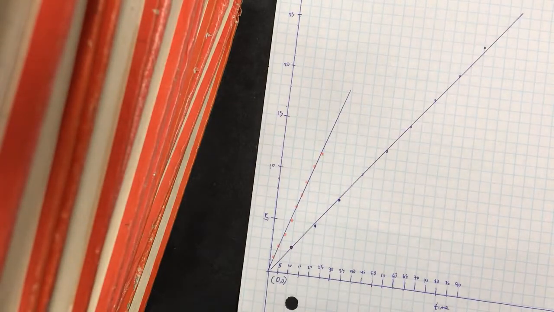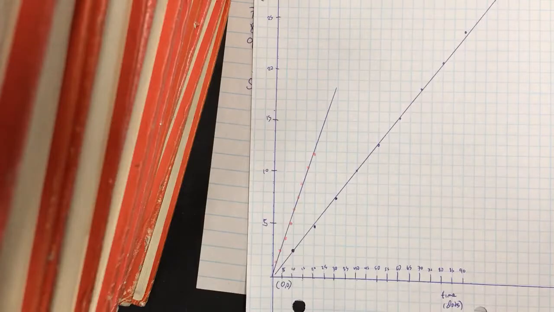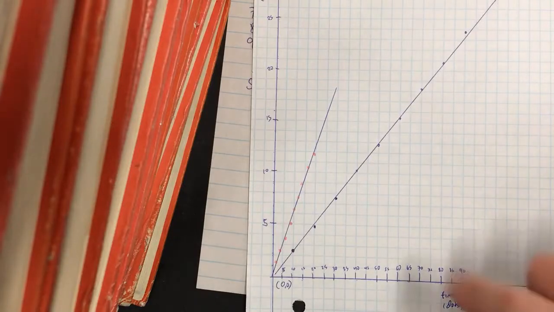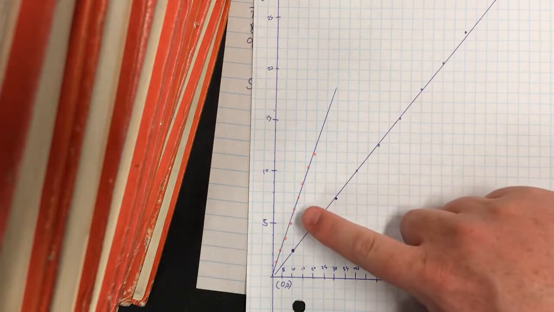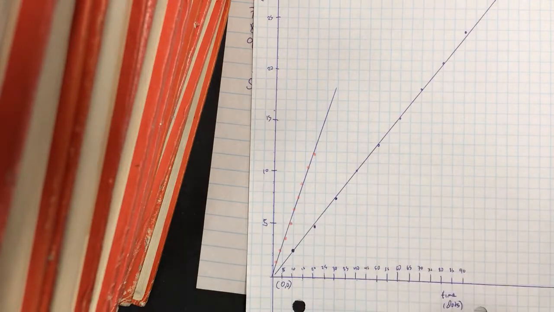I could have you get the slope manually. In some classes I might do that, but what I really want to show you guys is how to use spreadsheets to accomplish the same task. So that's going to be the next thing we do. One thing that should be obvious, and hopefully you guessed it, is that the faster cart had the steeper slope, and that is indeed what we saw.